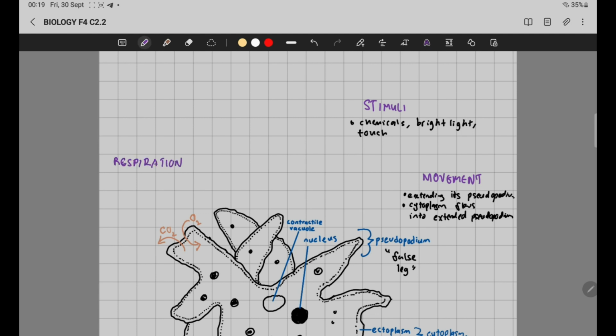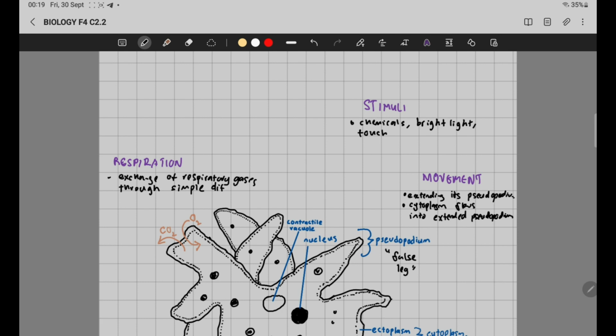The oxygen and carbon dioxide, or the exchange of respiratory gases, are through simple diffusion. We will learn more about the types of diffusion, active or passive transport, in chapter 3.